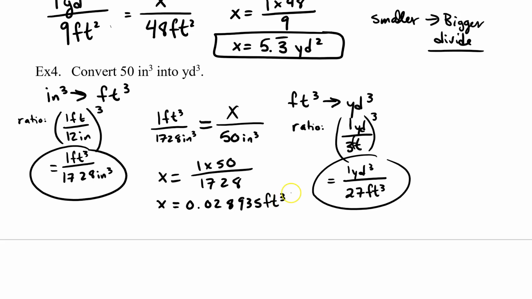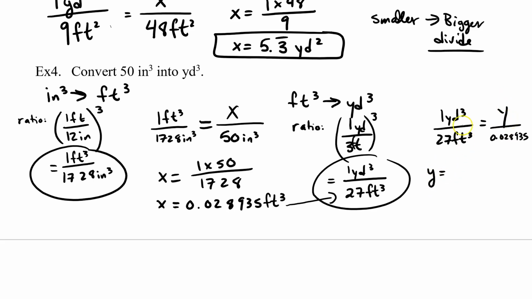Great. Now what we're going to use here is we're going to use that and put it into this relationship here. So I'm going to say 1 yard cubed over 27 feet cubed is the same thing as, I have my feet, so I'm going to say 0.028935. I'm going to solve for my y. I almost put x here again, but I'm going to say that's my y.